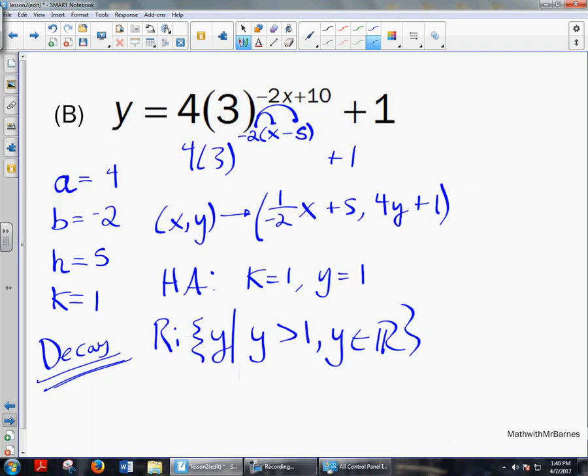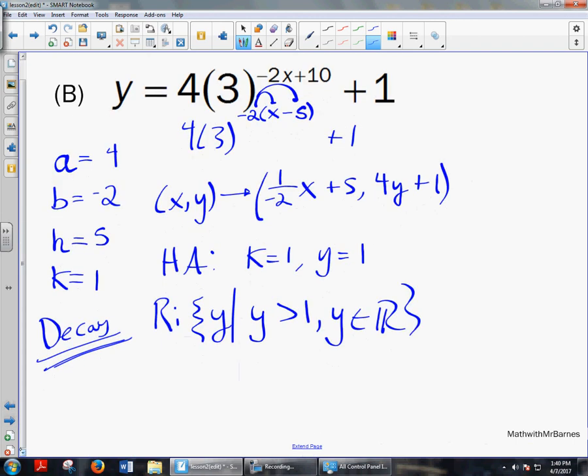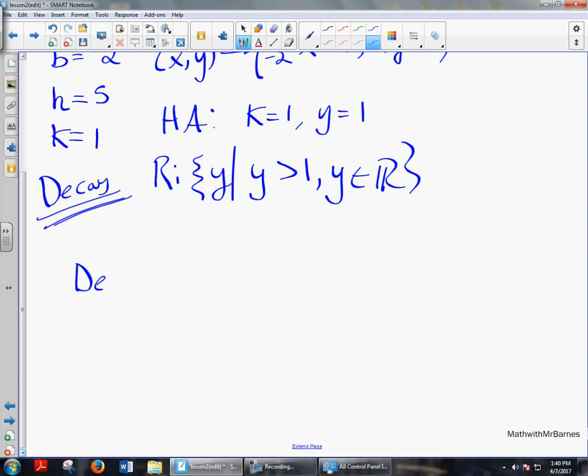Let me just do a quick little note on decay. Remember that we did decay and growth. A decay curve, if you're one of my students, you don't really have to write this down, just listen. But if you want to, you can. A decay curve looks like this. Growth curve looks like this. If you have a negative B value, it's going to actually flip something.